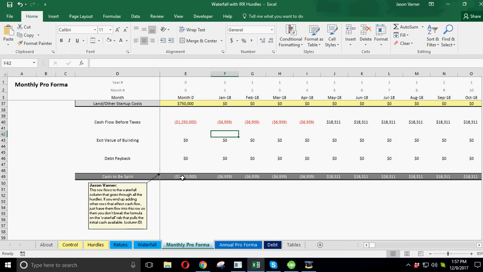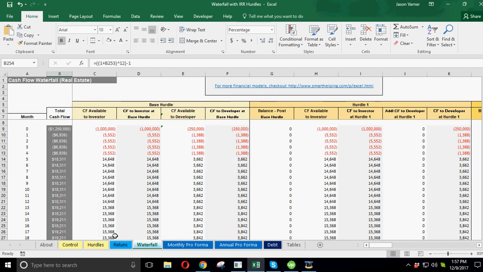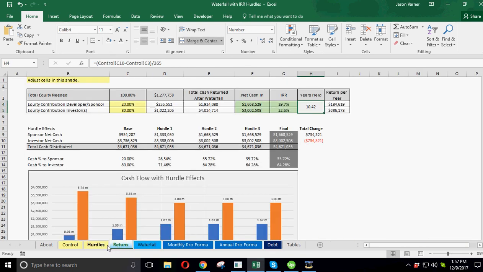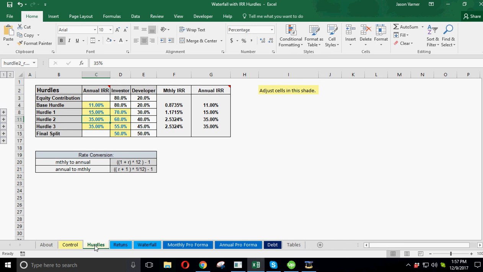All you have to do is get the cash flow line into here, because all my other models, obviously they will get to a cash flow for you, and then you just plug that into here and you'll get a waterfall breakdown if you have that scenario where you're getting investors on, but you want a promoted rate if you get the investor a given rate of return on the business they invested in.